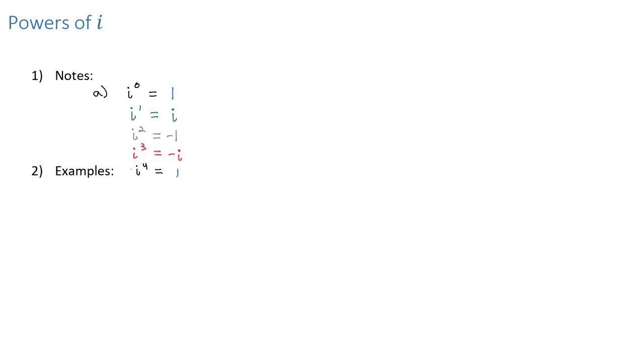And so what you notice is happening is we're back at the top of this pattern. What we're saying is that it's going to cycle through the pattern 1, i, -1, -i, and then back again, 1, i, -1, -i.